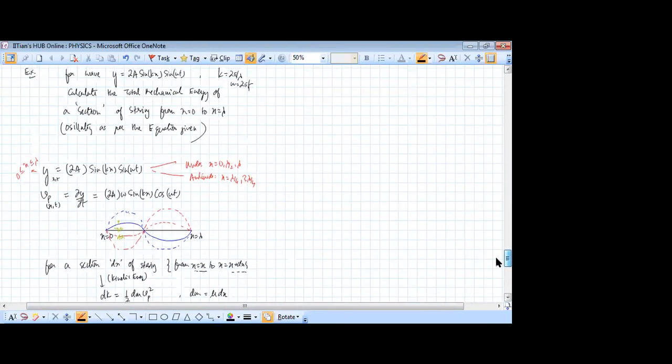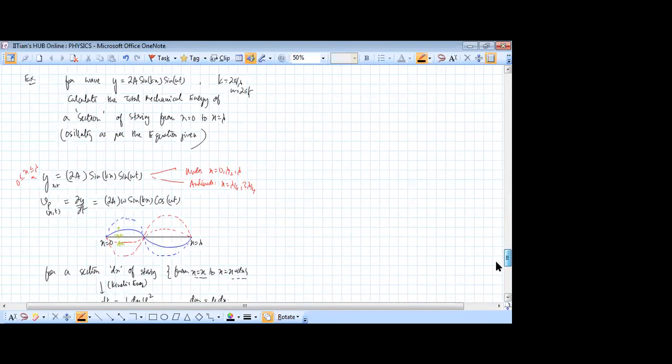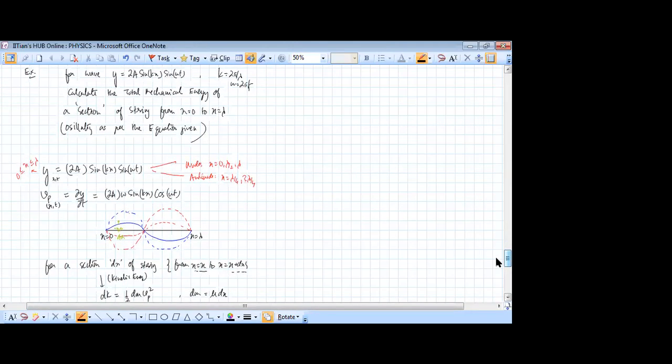Then we integrate that for the section of the string going from x equal to 0 to whatever length. So that gives you the time averaged kinetic energy of that section of the string. And then we just use simple logic that the average kinetic energy will be equal to the average elastic potential energy, and from that, okay, so just make a note of this, people.